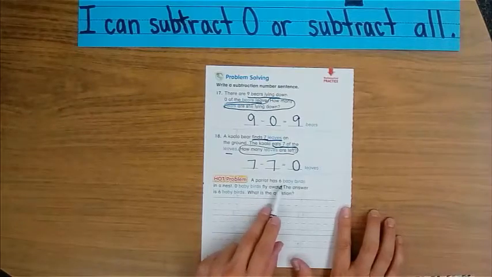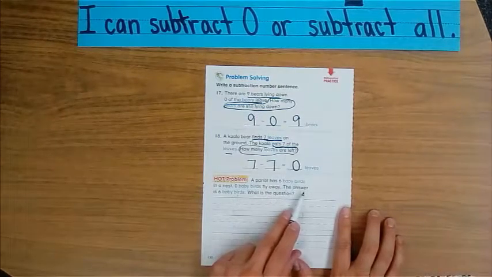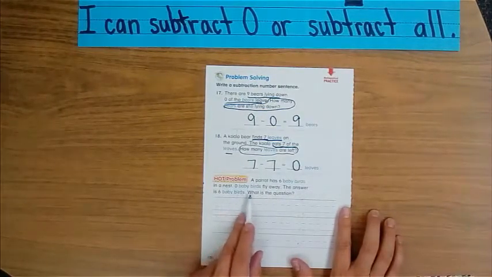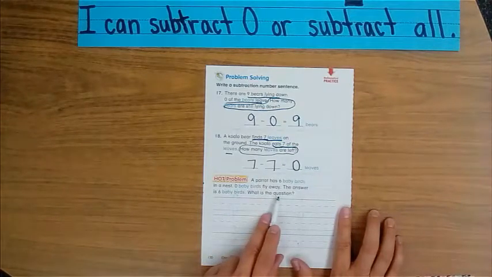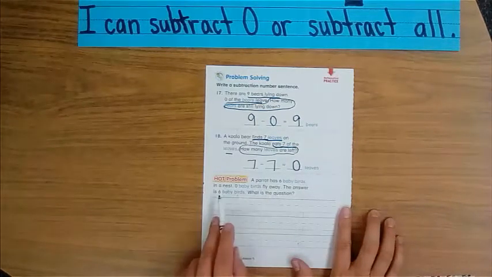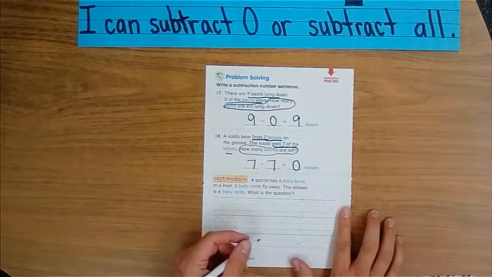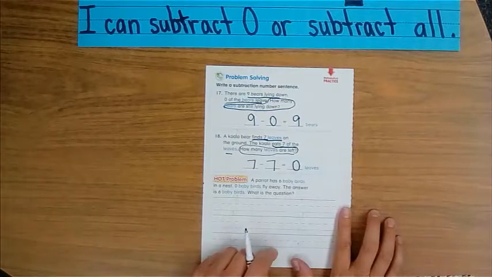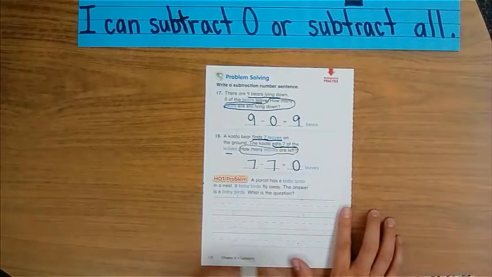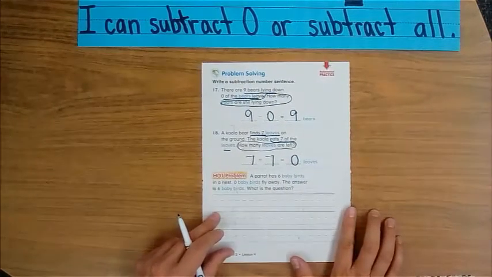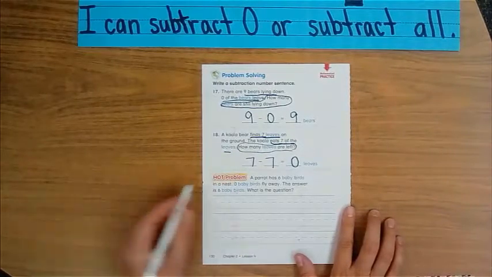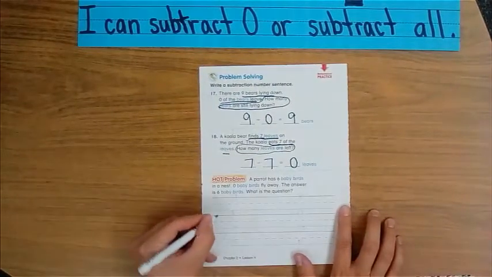A parrot has 6 baby birds in a nest. 0 baby birds fly away. The answer is 6. So what could I ask? Well, I can ask, how many baby birds are still in the nest? Right? So maybe that could be a good question for this word problem.